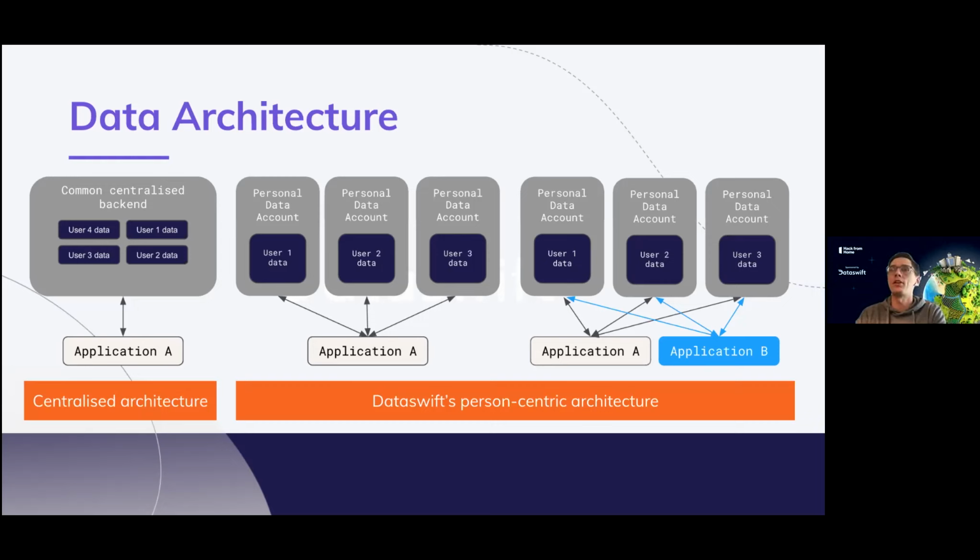So application B will also need to talk to the user 1, 2, and 3 databases separately. But the namespaces within the databases are strictly isolated between those two applications. So application A cannot see the data of application B under normal circumstances, and application B, vice versa, cannot see the data within application A.